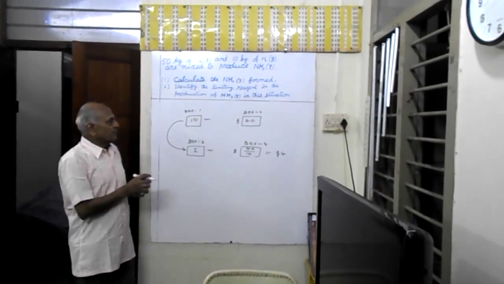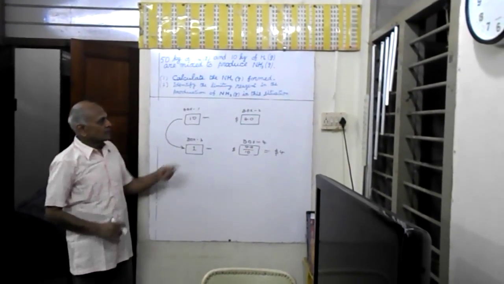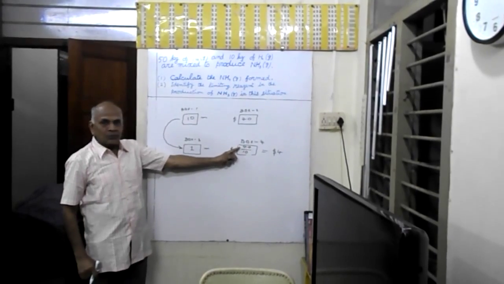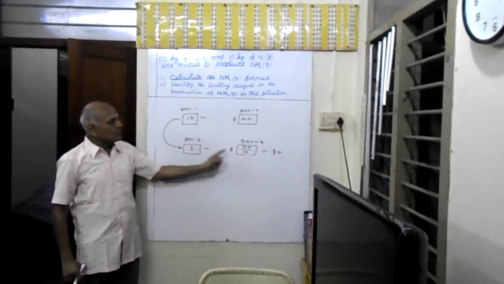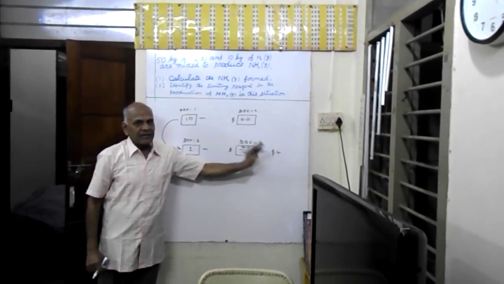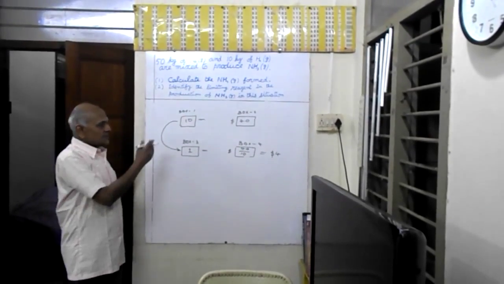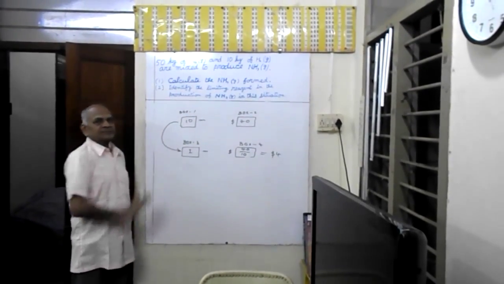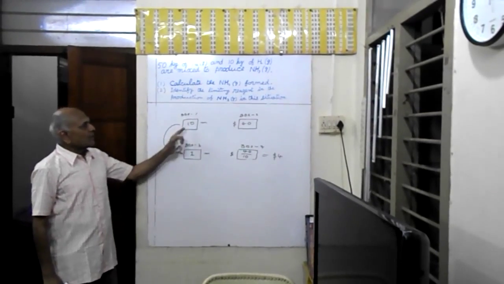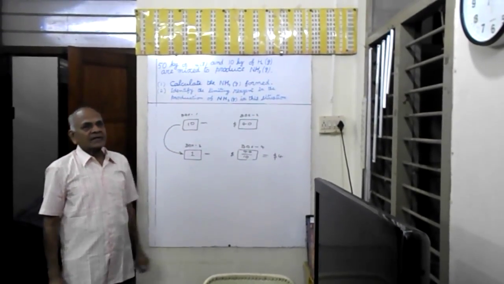If you are going to find from some number to 1, box 2 number goes to the numerator, box 1 number goes to the denominator, then you get the value. This I call it as some number to 1. Now if the numbers are different, you don't worry.